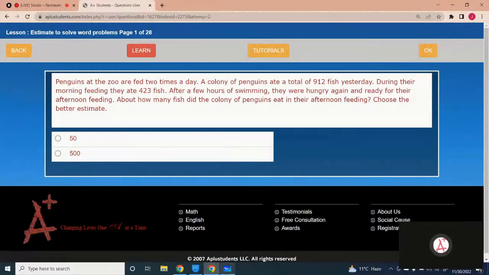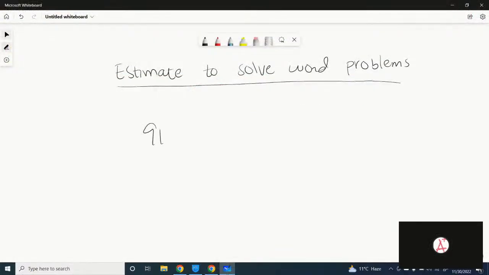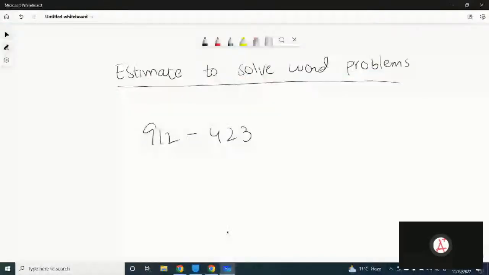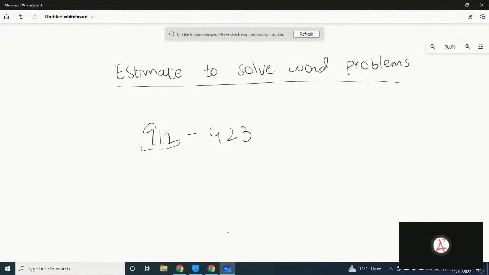It would be 912 minus 423. You have to subtract them, because you are given choose the better estimate, so you have to calculate the estimated value. Got it? So it would be 912 minus 400. So you have to round off 912 to the nearest 100. Got it?